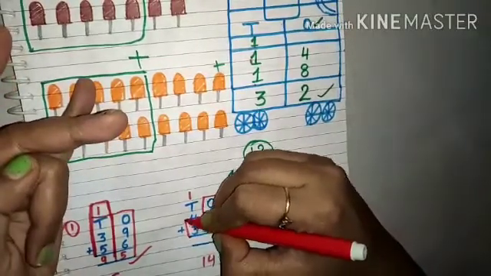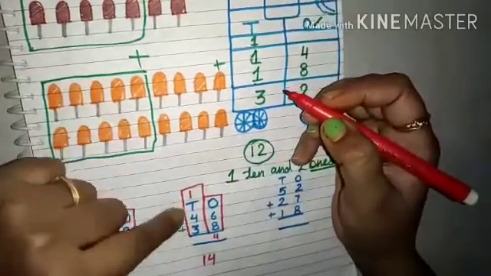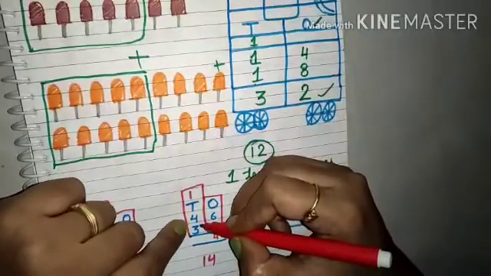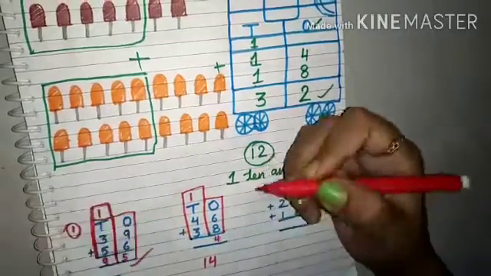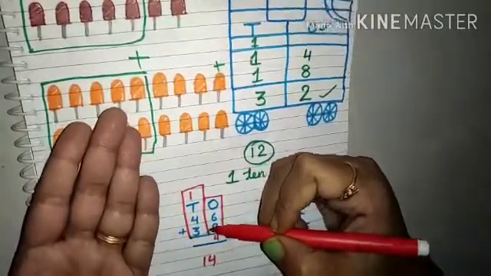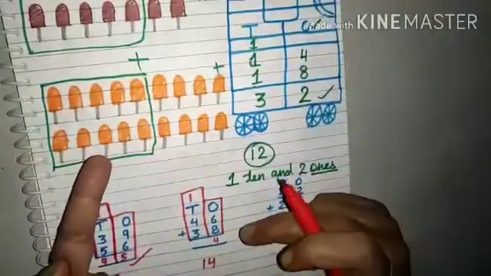So now I am going to add this tens column. Okay. So which one is greater? 4. 4 is in my mind and 3 I am going to count on my fingers. So 1, 2 and 3. Okay.